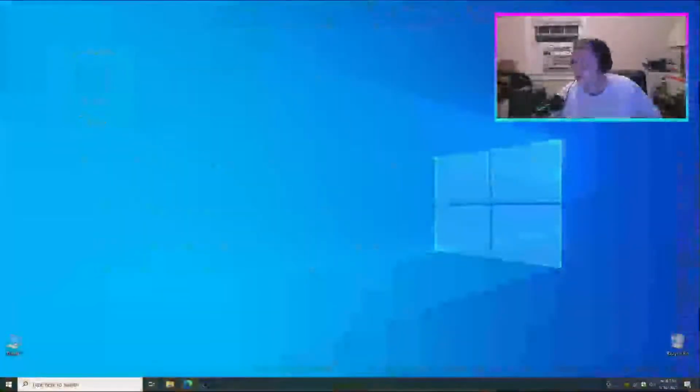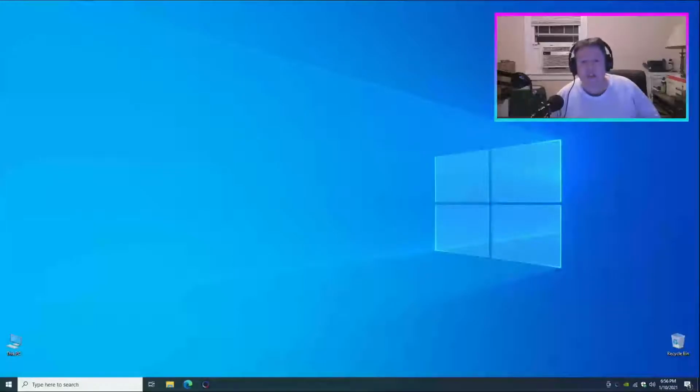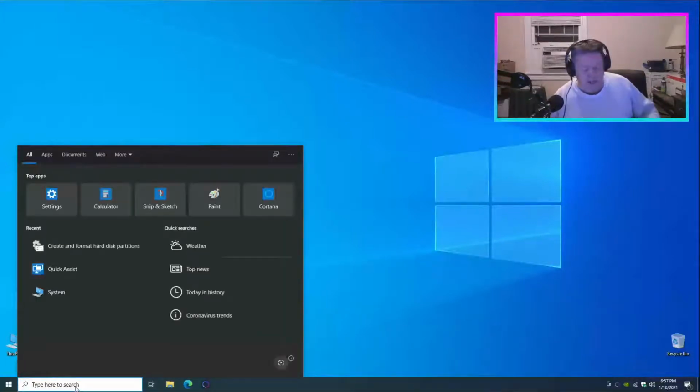And showing on the screen for those who are watching this podcast, I have a computer screen here of another computer that I have hooked up to my computer, courtesy of the capture card that I have installed in my computer. And what I'm going to do here is go down to the search bar and type disk management.